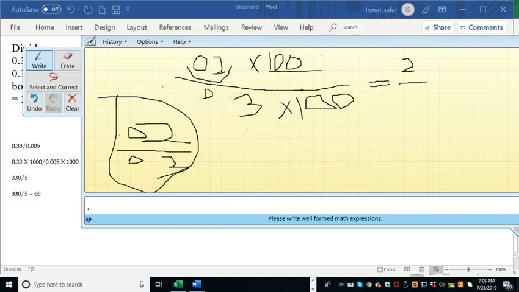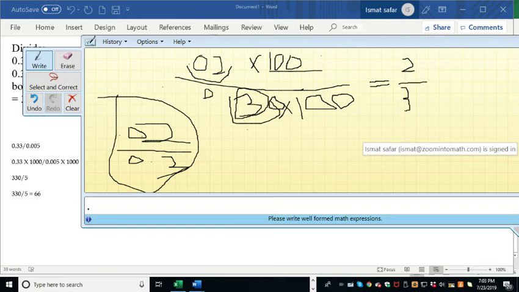And the bottom is 0.3 times 100. We move it to the right two places: this is one place, 3, and this is another place, so nothing is left after the decimal point, and the answer on the bottom is 30. You may ask where the 0 came from.